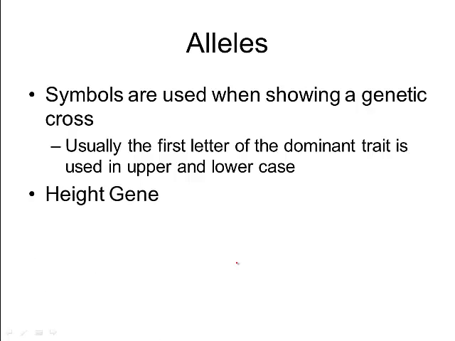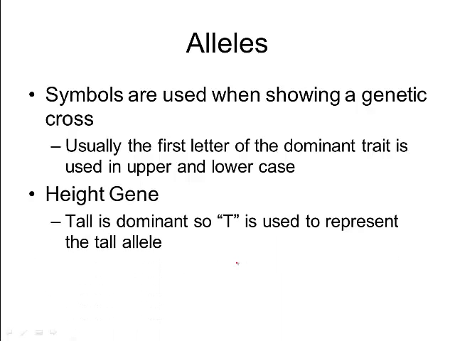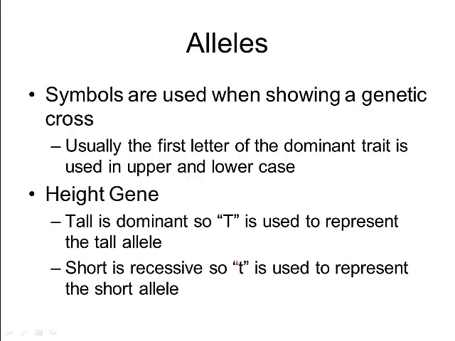Using our height gene again, tall is dominant, so we use a capital T to represent the tall allele. The recessive of tall is short, so we use a lowercase t to represent the short allele. We do not use an S. We use the same letter so that we know we're talking about the same gene, just capital for dominant and lowercase for recessive.